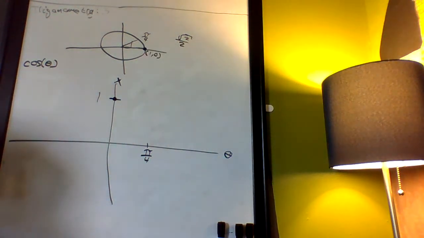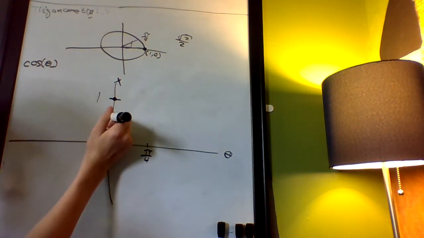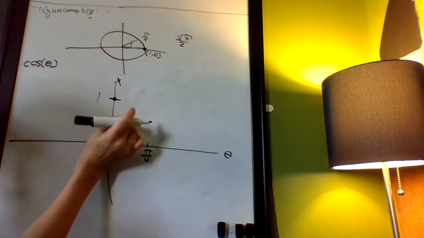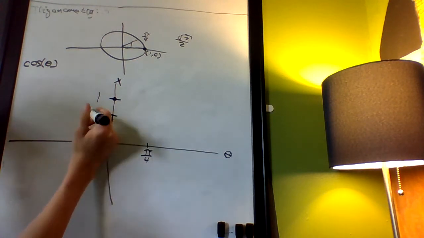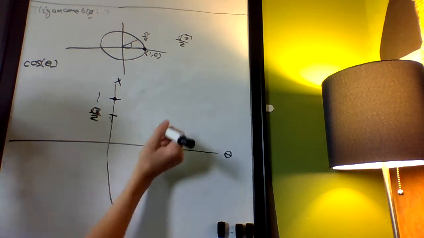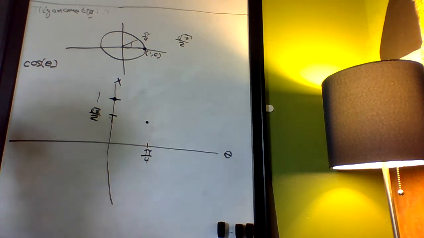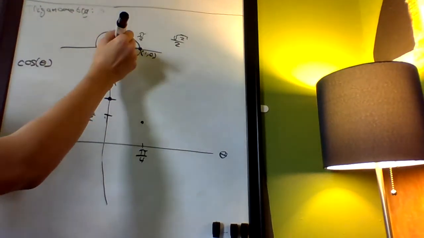Where's the square root of 2 on 2 going to be? Well, square root of 2 on 2 is going to be right around 1.4, right? Dividing that by 2 is going to be right around 0.7. So 0.7 might be right around there. Yeah. Right? Square root 2 on 2. Mark that point down. Let's go to pi on 2.